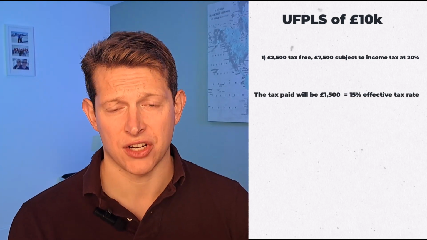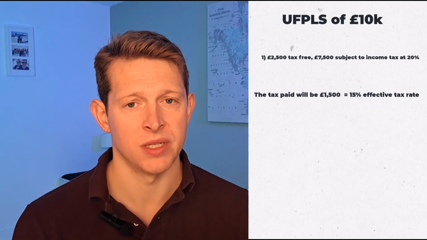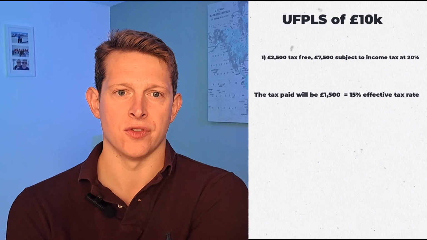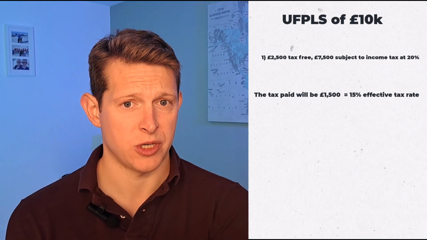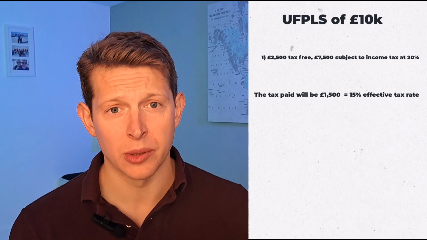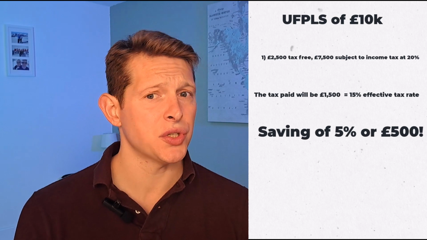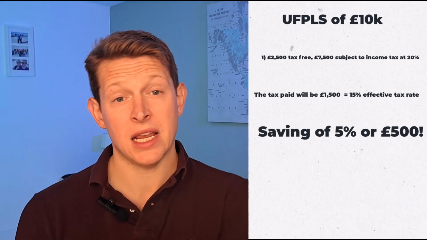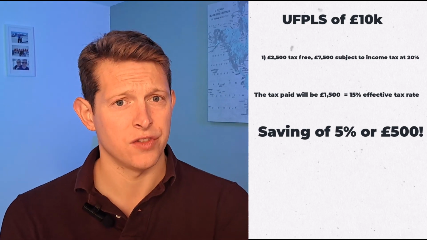This is an effective tax rate of 15%. If Fred had just taken the funds from his crystallised taxable pension fund, the tax charge would have been £2,000 or 20%. Taking the withdrawal as a UFPLS for Fred would have saved him £500 compared to if he had just taken it as a straight up income payment from his crystallised funds without thinking of making a tax-efficient withdrawal.